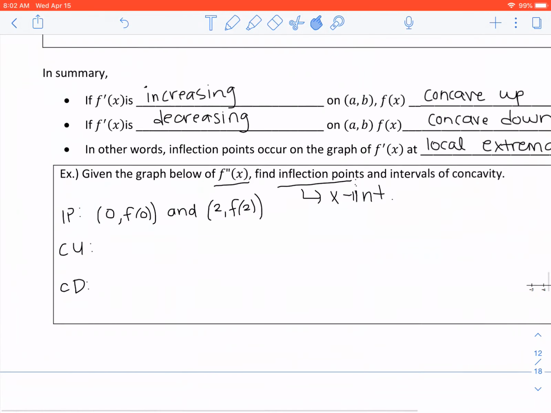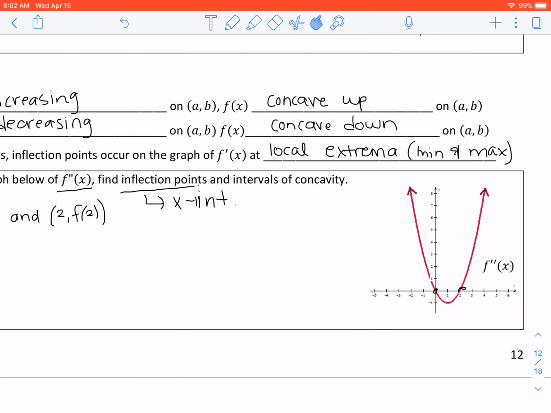And looking at our graph, it is above the x-axis where it's going to be concave up. And that happens from negative infinity to 0 and from 2 to infinity.